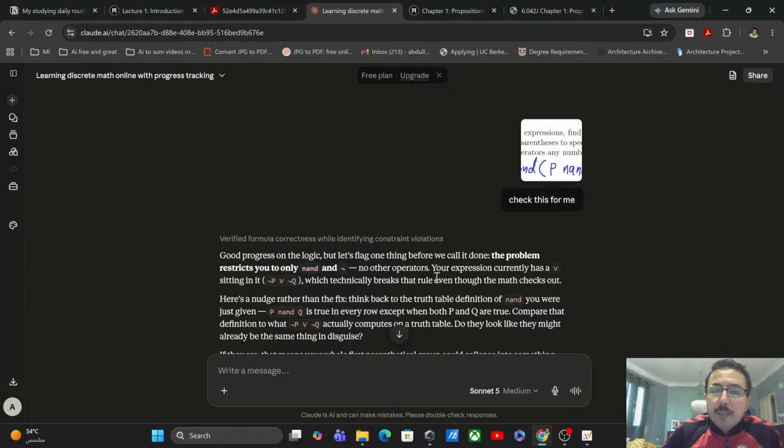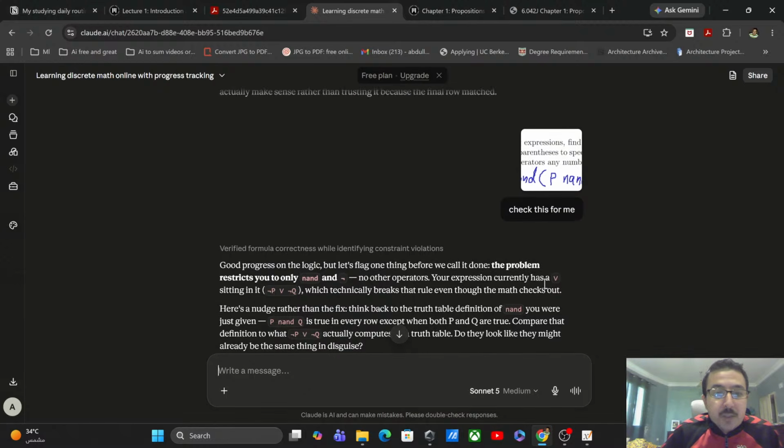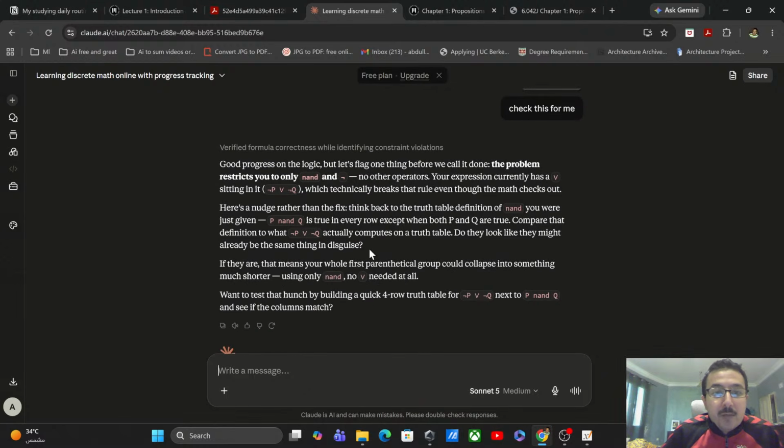No other operations, which technically breaks that rule even though the math checks out. Here is a nudge rather than the fix. Think back to the truth table definition of NAND. You were just given every row except when both P and Q are true.